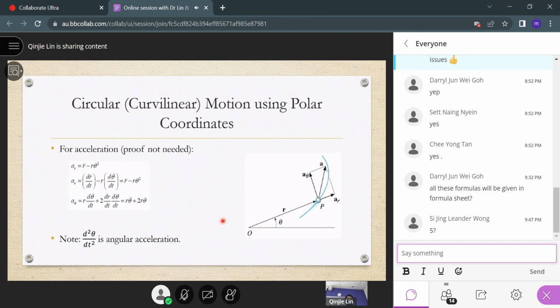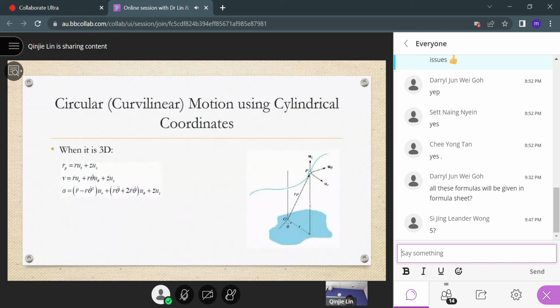Now, for the acceleration, these are the formulas that you can use.